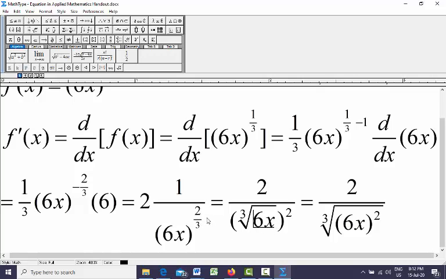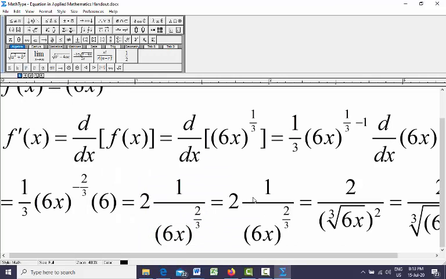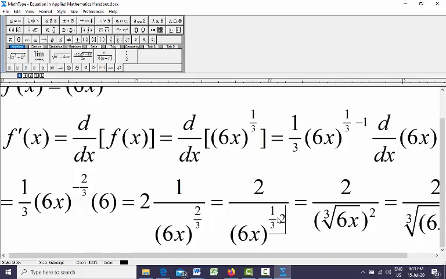Because of this 1/3, we got cubic root of 6x, and then on top of that, let me write another step here so that you get a clearer picture. You might find this a little difficult. In that case, I will request you to study this at home, okay? So we can write it this way, as I said before.